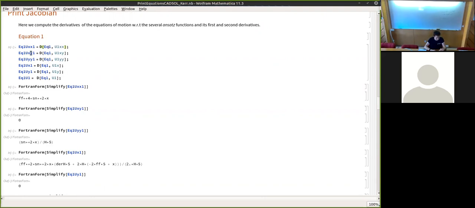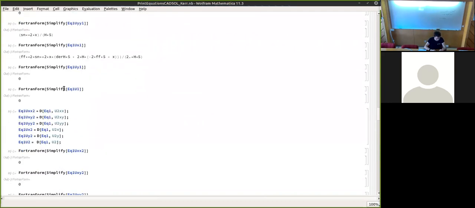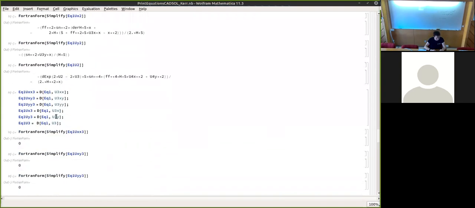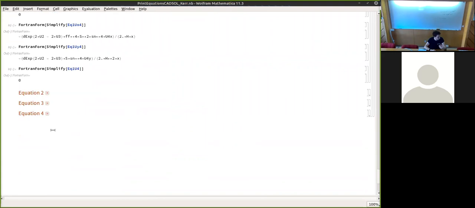So here for equation 1, we do the derivatives with respect to function 1 and its derivatives. So we get some result. Then for function 2, f2, then for the third function, and then for the fourth. And we have to repeat this for the remaining 3 equations. So as you can see, that will be a lot of small expressions.